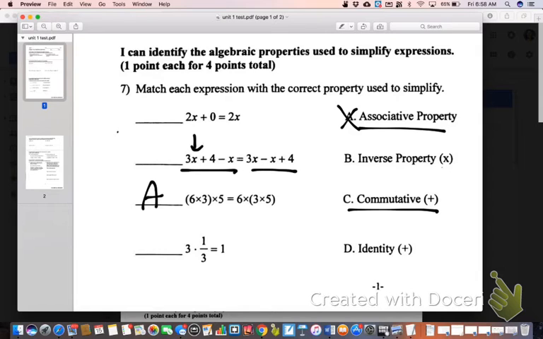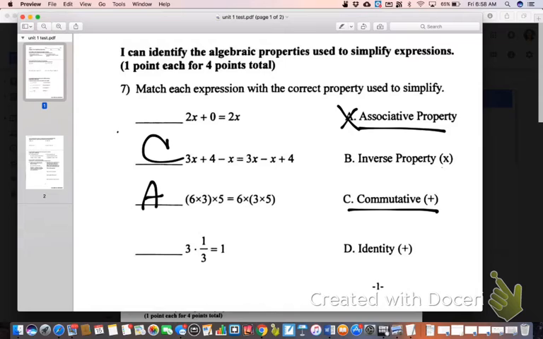Commutative means that the order of the numbers has changed. So 3, 4, negative x over here, 3, negative x, 4 over there. So the order of the numbers has changed, but it's still all the same stuff. So this one is going to be C, commutative.